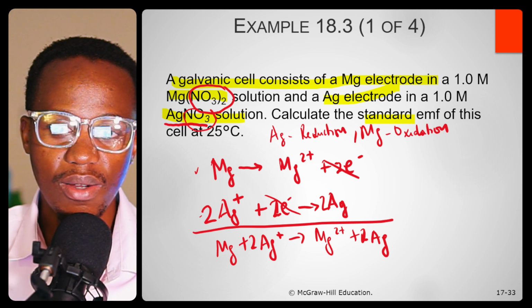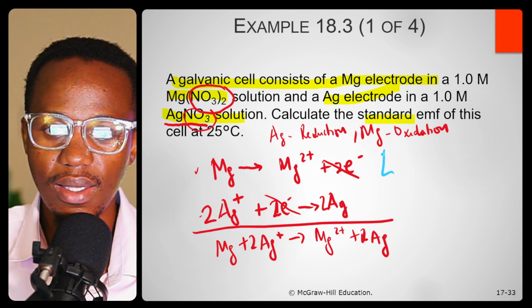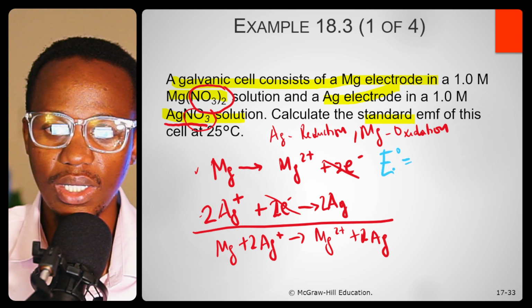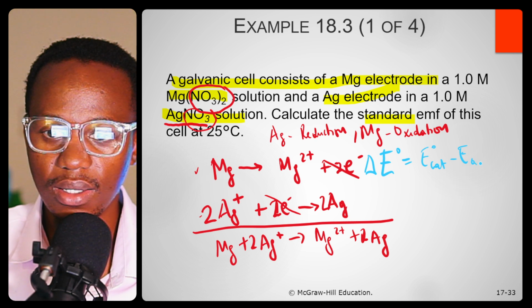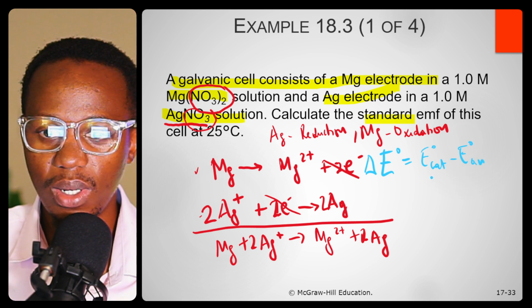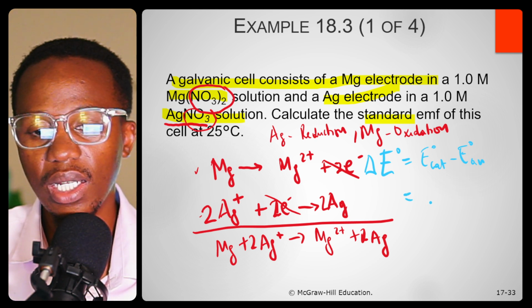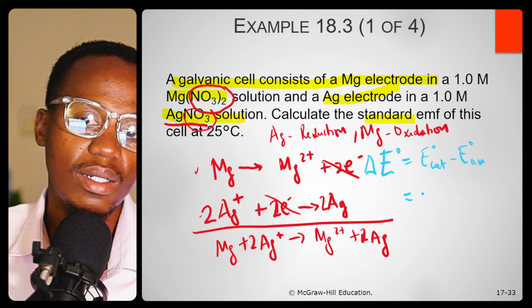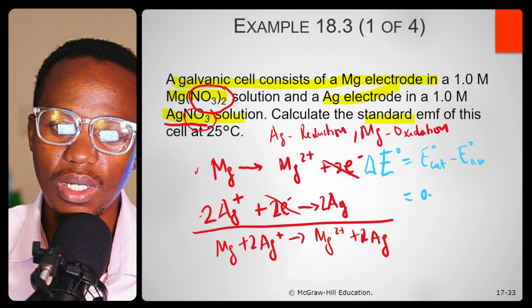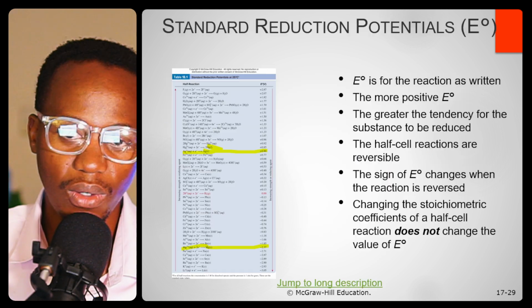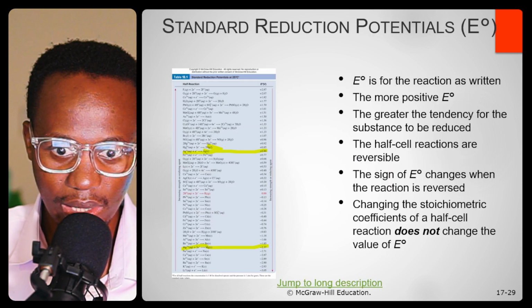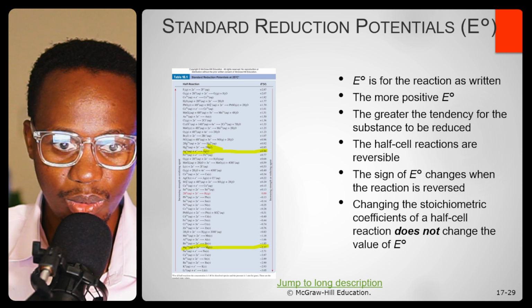If you remember, the change in standard potential is going to be E cathode minus E anode, right? Or in other words, E reduction minus E oxidation. So if we just looked at it, what was it again? E reduction is 0.8, right? And this is potential, so it should be in voltage. So 0.8, the other one is negative 2.37, right?